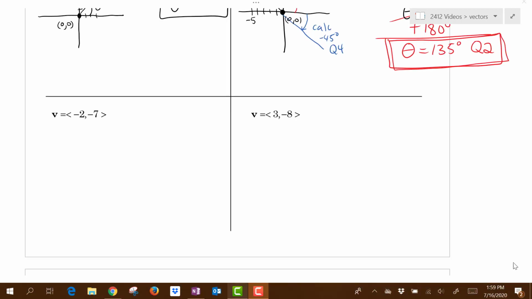All right, for our next example, we have negative 2, negative 7. So we're going to go 2 to the left. Remember, we're going to graph it again as a position vector, so we're going to start the initial point at 0, 0. So 2 to the left and then 7 down.